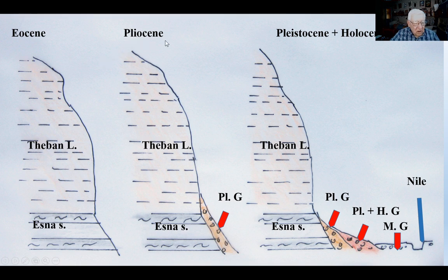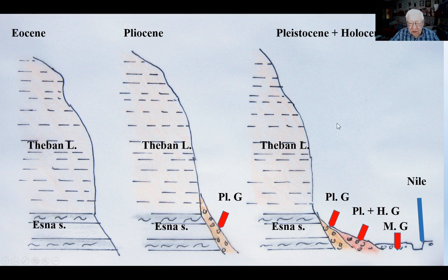In the Pliocene, the next geological stage, limestones of course were eroded, and at the base of slopes slope gravels were formed, Pliocene gravels, which were a source of flints too, in secondary position, because flints falling down from Theban limestones were collected as sediments at the base of slopes on the border between Theban limestone and Esna shales.